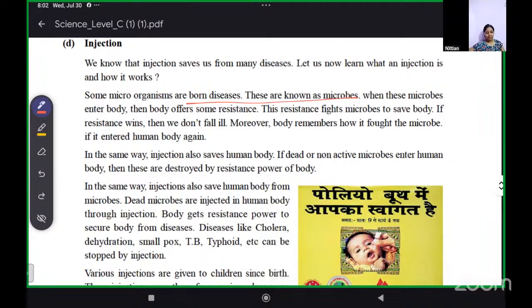So first, the resistance is there in our body. Our body fights back, but mostly because it affects our immunity, it affects the fighting power of our body, we start to fall ill. First it's cold, cough, and fever.